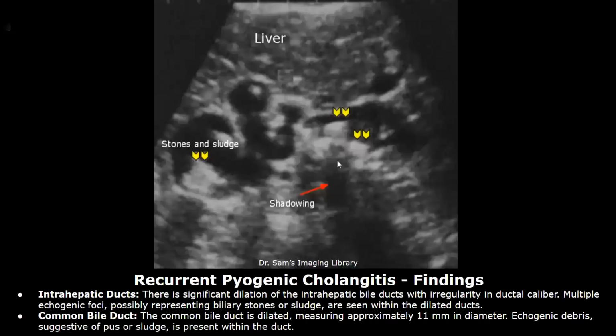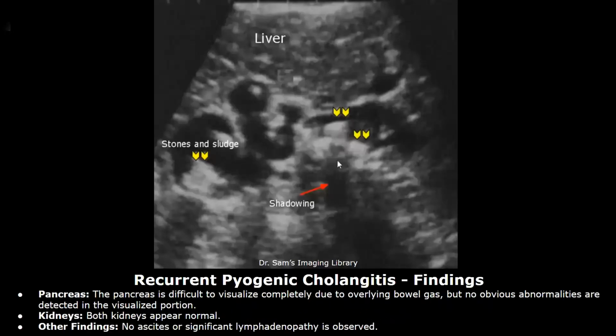Echogenic debris, suggestive of pus or sludge, is present within the duct. The pancreas is difficult to visualize completely due to overlying bowel gas, but no obvious abnormalities are detected in the visualized portion. The kidneys and other abdominal organs are normal.